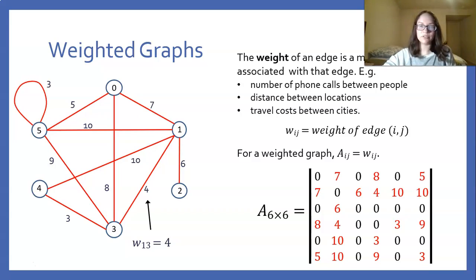So last example, we have travel costs between the cities. So this might go hand in hand with distance, but let's say, again, we'll just use the edges 1, 2, and 3, 4 again. Let's say that this 6 might represent $600, all right?